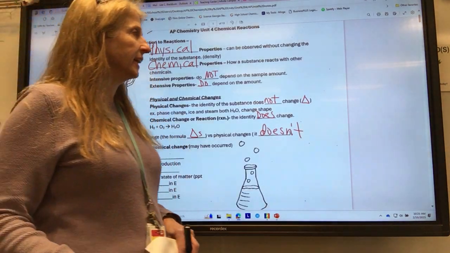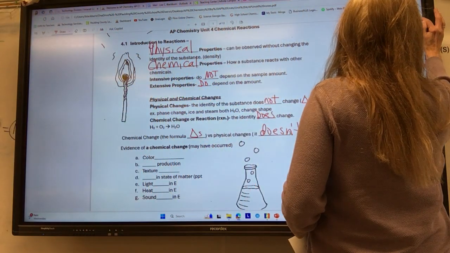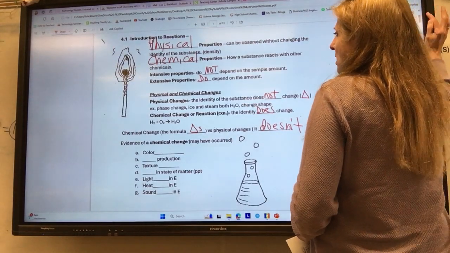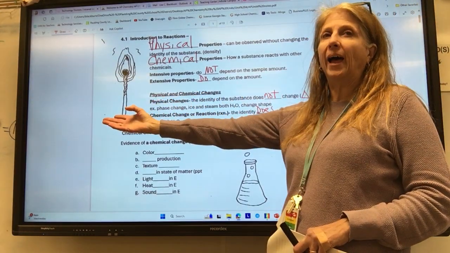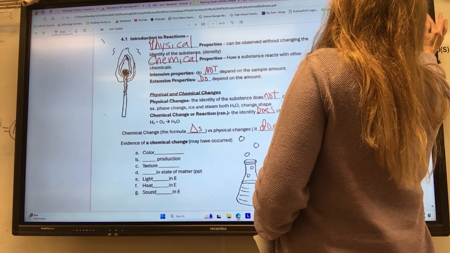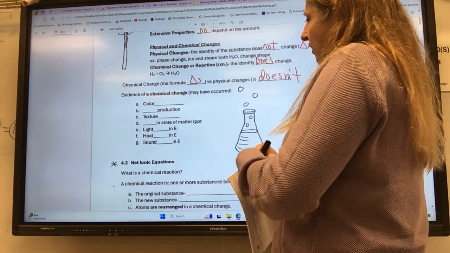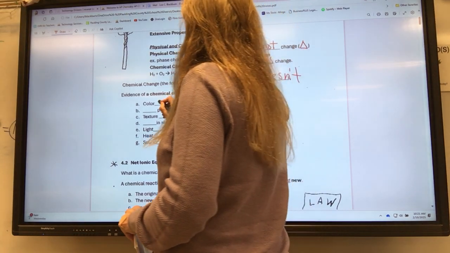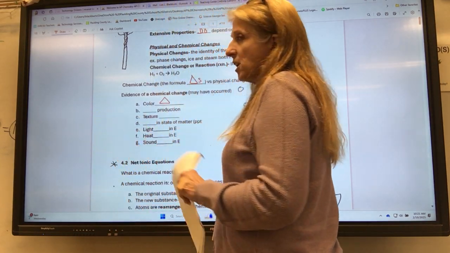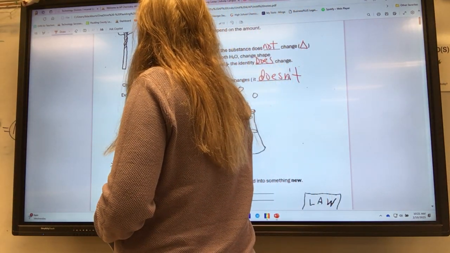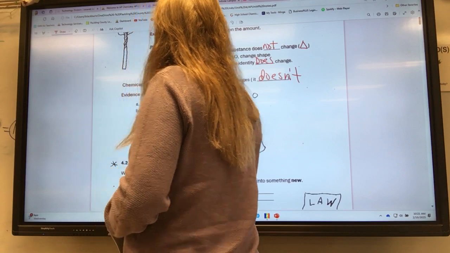So the next thing is, well, what are the evidence of chemical change? So when we learned this in honors, I struck a match, and we looked at it, and we wrote down everything we were seeing. We saw that the stick changed colors. We noticed it had a smell, so there was a gas production.